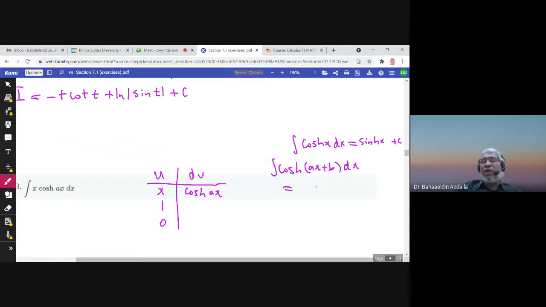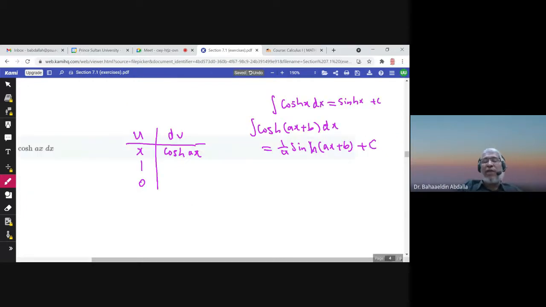Then it would be the same integral, sinh ax plus b plus c, and I just divide by a. So the integral of cosh ax would be 1 over a sinh ax. And the integral of sinh ax would be cosh ax over a, and there is another a here, so it would be 1 over a square.